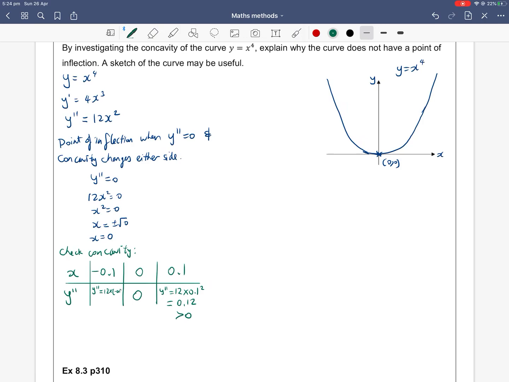And then on the left, 12 times negative 0.1 squared, which is the same because a negative squared is all positive, so that's 0.12, which is positive. Now, that's not good in terms of point of inflection because concavity has not changed. My sign for y dash dash has not changed.